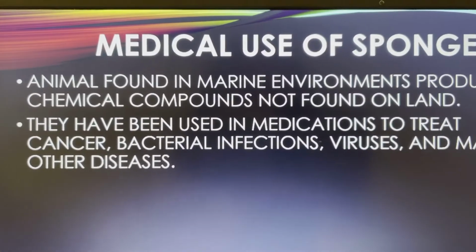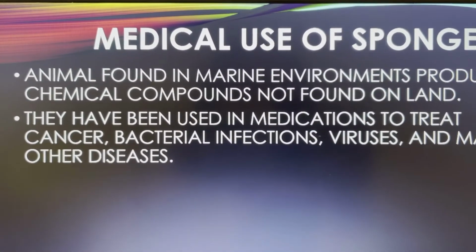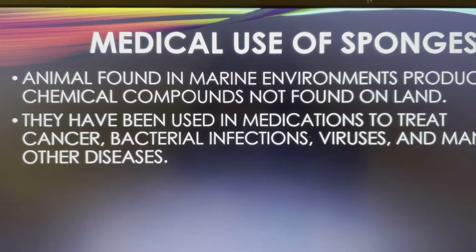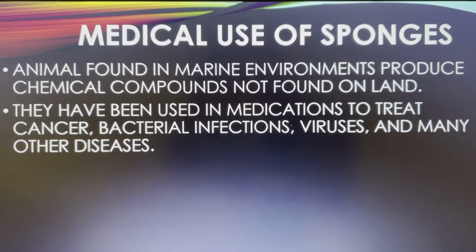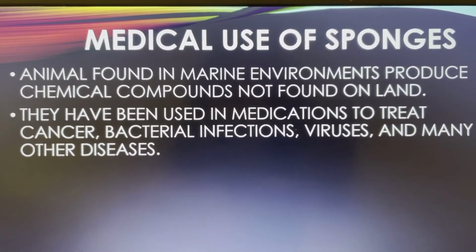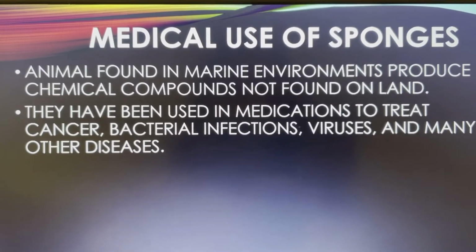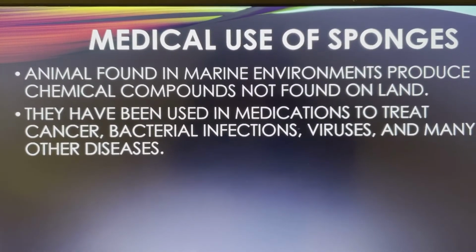They have been used in medications to treat cancer, bacterial infections, viruses, and many other diseases. Take note of that: cancer, bacterial infections, viruses, and many other diseases. That's the medical use of sponges.